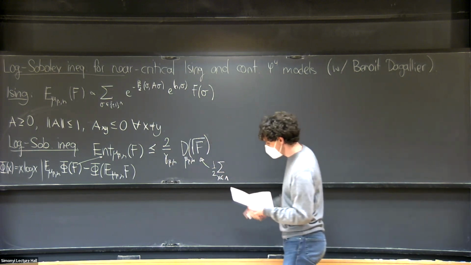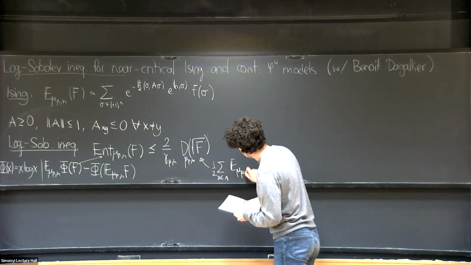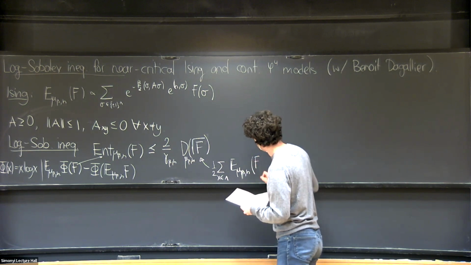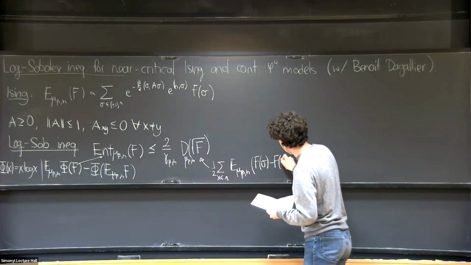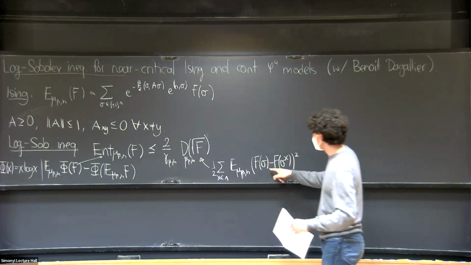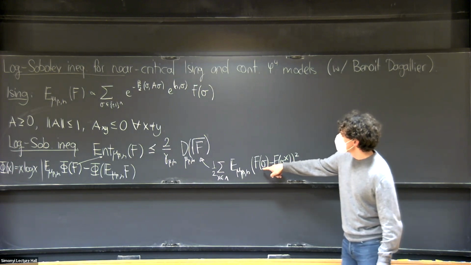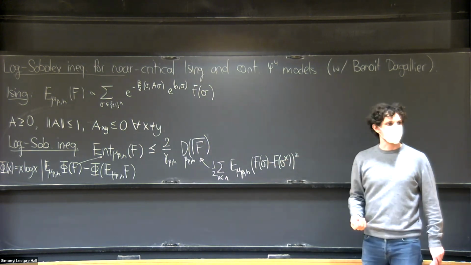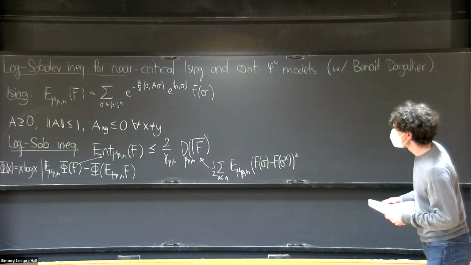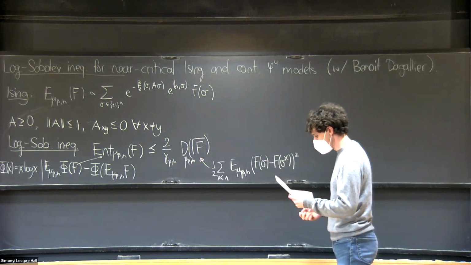We sum over all vertices in Lambda, and then we take the expectation of the square of the gradient of F, where gradient means I'm flipping the sign of the spin at the site x. So taking a spin configuration sigma in plus minus 1 to the Lambda, sigma^x is the configuration where the sign at the site x is changed. So the best constant in this inequality is the Log-Sobolev constant. This is the Log-Sobolev inequality.